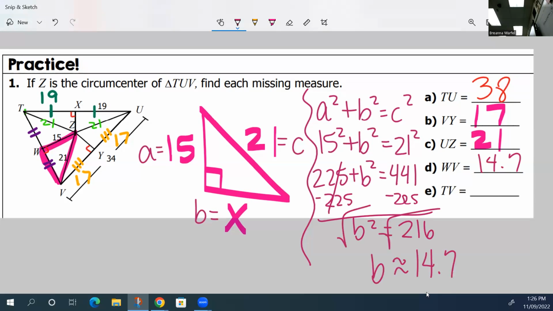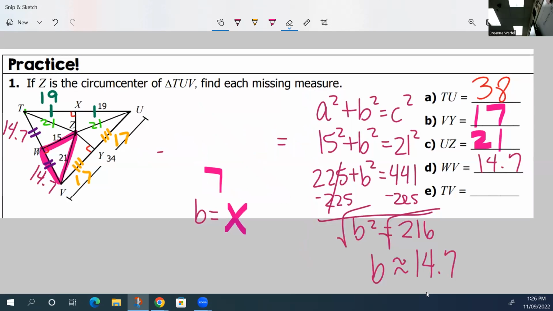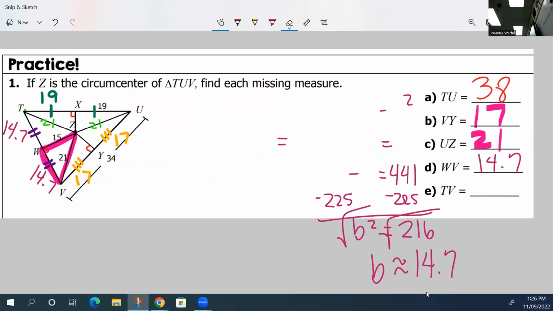Okay, and now if this is 14.7, that means that this is also 14.7 because it's a perpendicular bisector, and bi means two, so it splits it into two congruent parts. Okay, let me get rid of all this real quick.